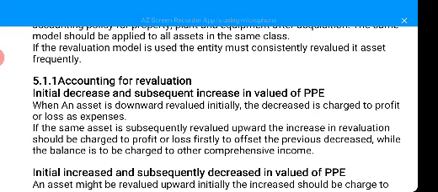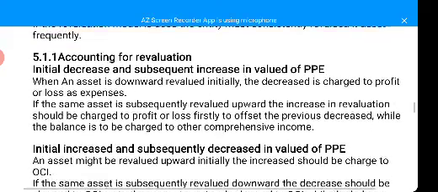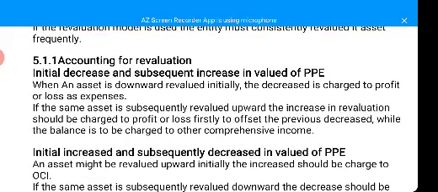Now, let me explain. When an asset is downward revalued initially, the decrease is charged to profit or loss as an expense. When you revalue an asset for the first time and it is revalued downward, maybe the cost previously is 20 naira.